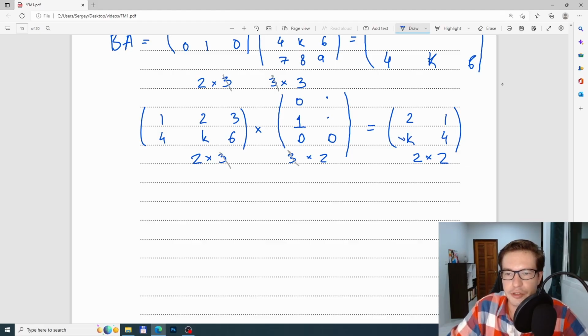Okay, let's check. So I'm trying to get this k. That means I will have to multiply the second row of the first matrix by the first column of the second one. So I will get 0 plus k plus another 0. Yeah, so I actually get k. Good.